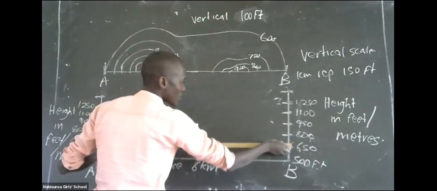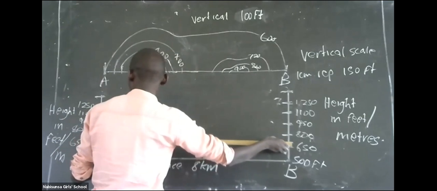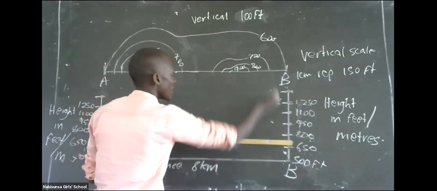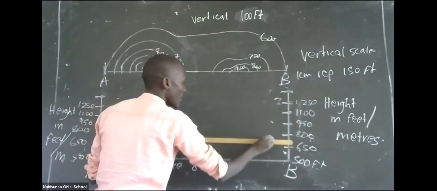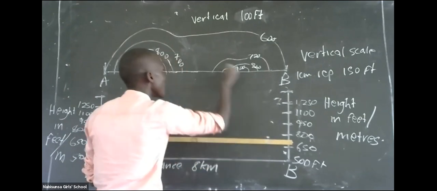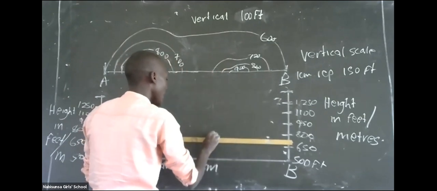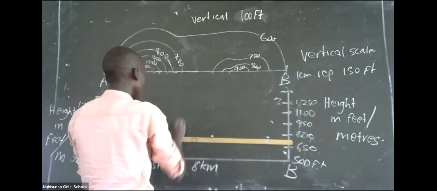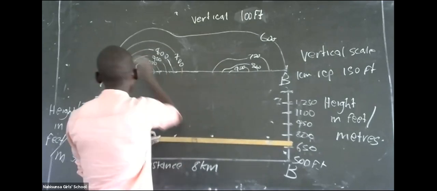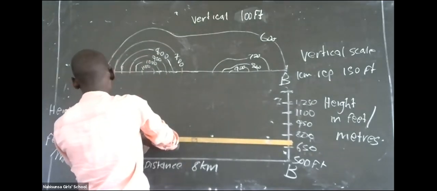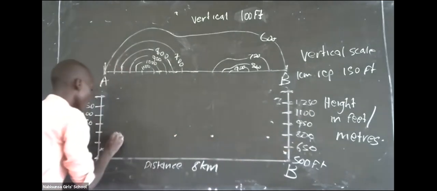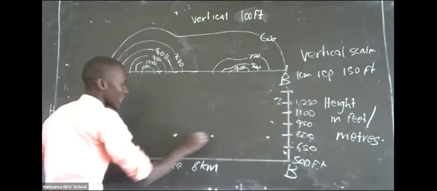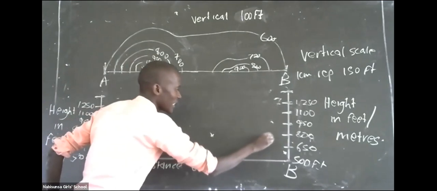I get my ruler here. The first 700 is somewhere here, then the next one is somewhere here, then the next one, then the next one. Don't you see that all the 700s I have marked? Are you seeing how I plot?